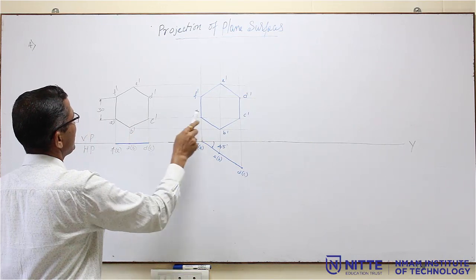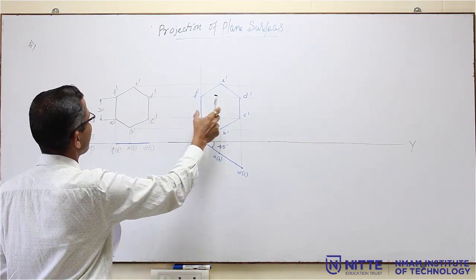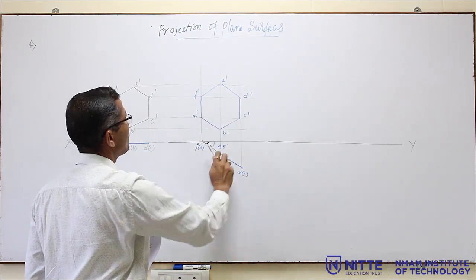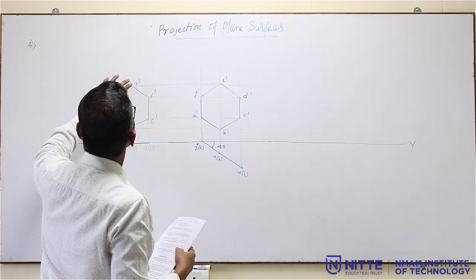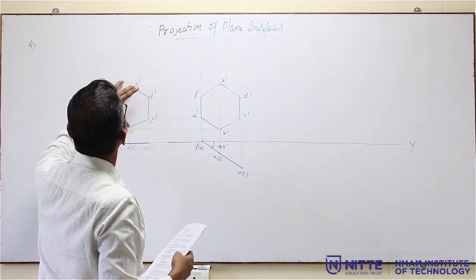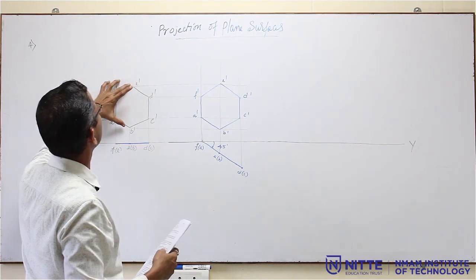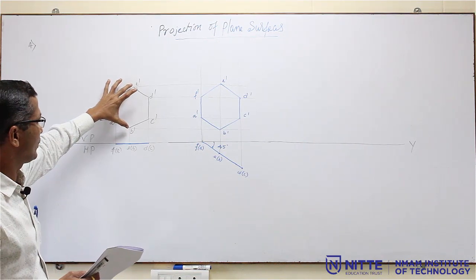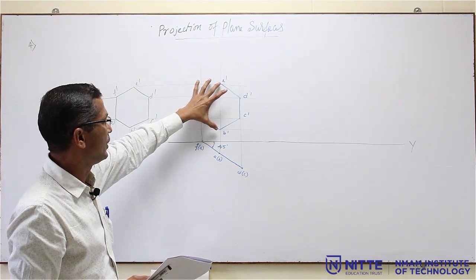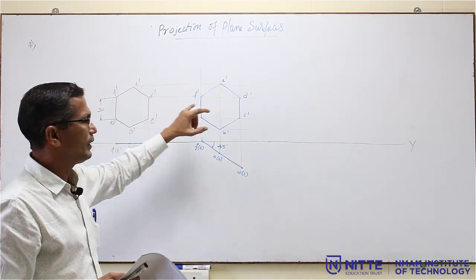Now, if you compare these two figures, compared to the first, the second figure will be compressed because we have given some angle. But here, this diagonal, that is BE, the length of diagonal BE is not changed. So, you can see here it is projected as it is. That means the same length is here.